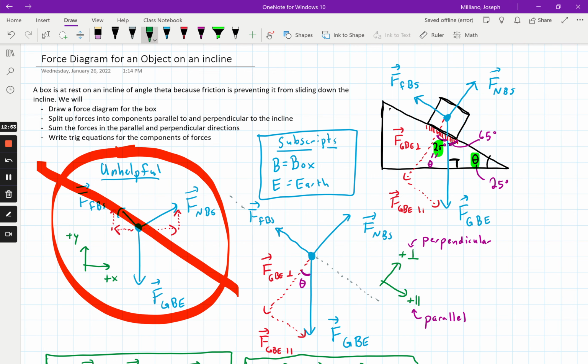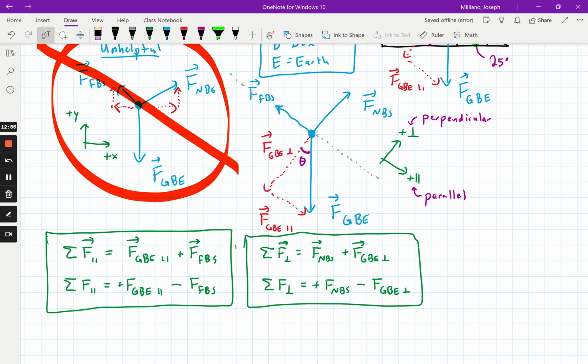And now that we have the angle theta for our right triangle here, we can do some sine and cosine action to figure out the components. And so let's do that.